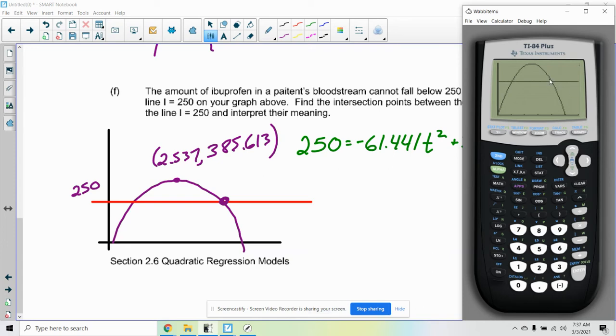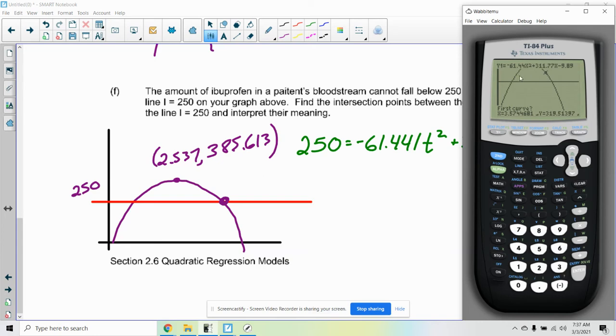So I'm looking for this point right here. I'm just going to use the calculator. I'm going to go to calculate, the blue calculate, second trace. I'm looking for the intersection of the two lines. Now it's going to say first curve and second curve, because you could have 6 or 7 things graphed here. So it wants to know which two you want to find the intersection of.